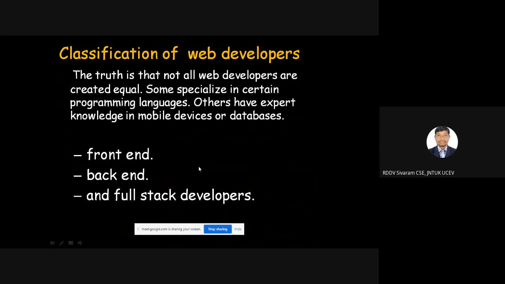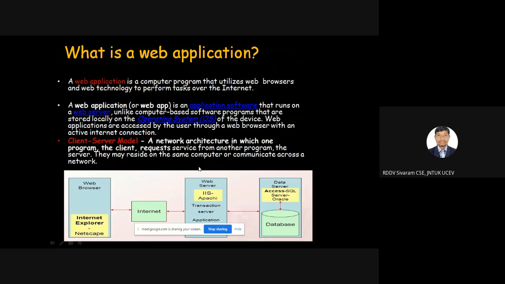So how to develop such an application? If you look at the web architecture, it is a three-tier architecture. The first tier is the web browser, the second tier is the web server, and the third tier is the database.